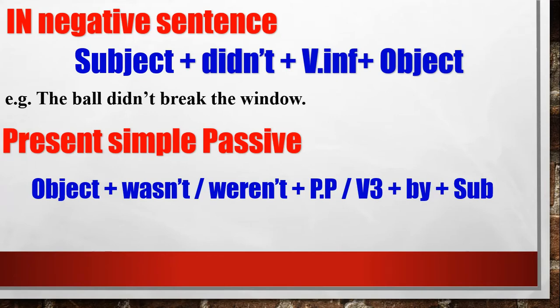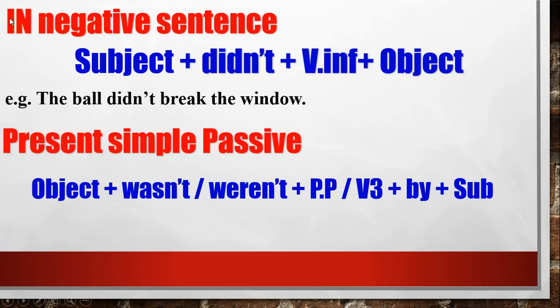And we use wasn't or weren't because the sentence is negative. So we add not to was or were. So object plus wasn't or weren't. And don't forget we use the verb in the past participle form in the passive. Then we write by and the subject.